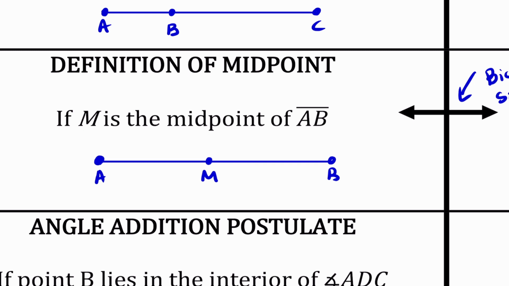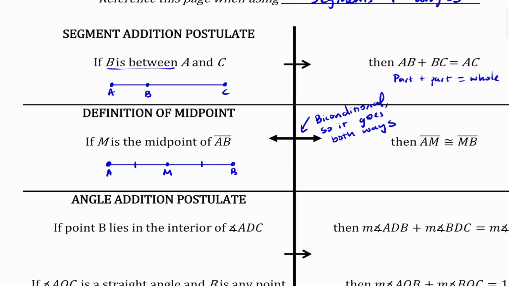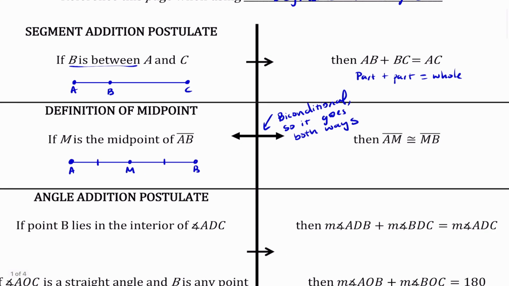What is the result of having a midpoint there? Well, that means that this segment is congruent to this segment, and we draw tick marks to indicate congruency. So that means one tick mark for segment AM and one tick mark here for segment MB. So this is saying part is equal to part.